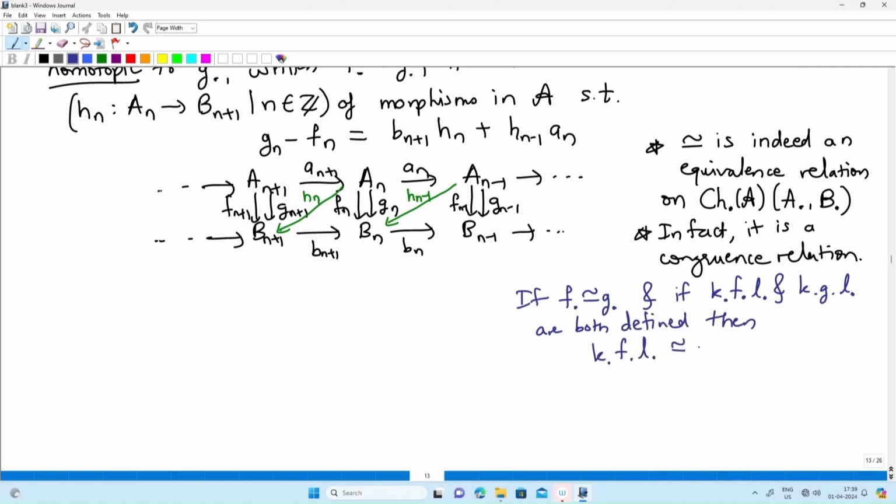So from both sides this homotopy equivalence extends: left composition, right composition.